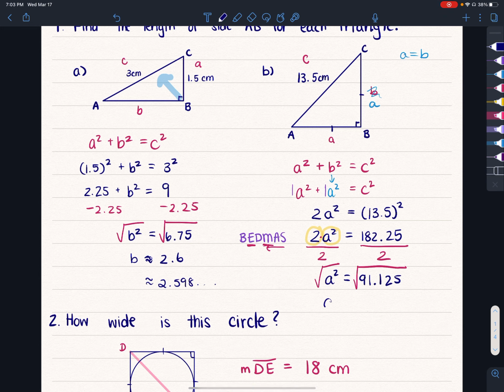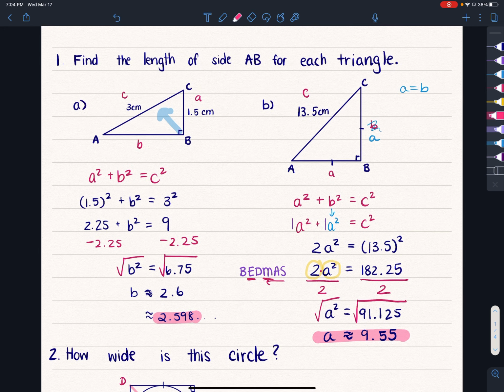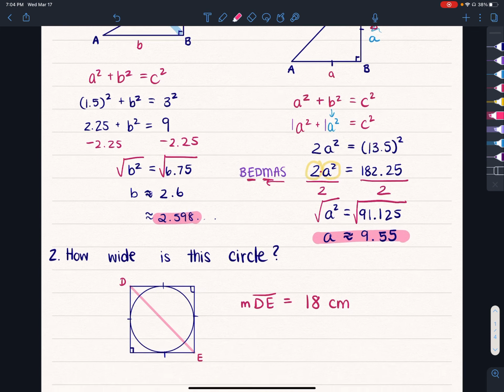When I square root, I'm left with a equals approximately 9.55. So both of these sides are equal to 9.55. Okay, so that was 1b.